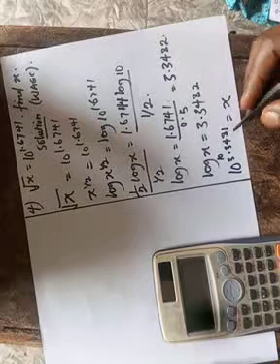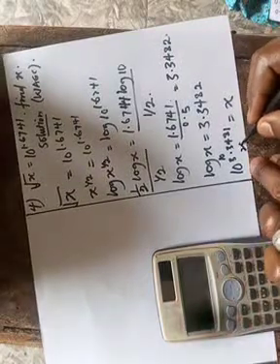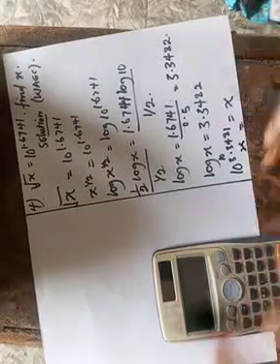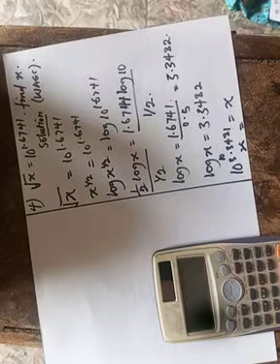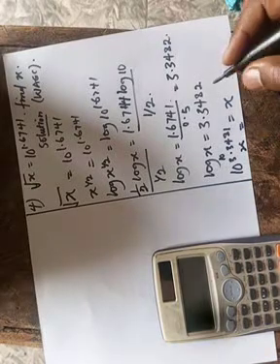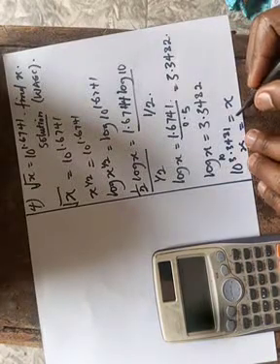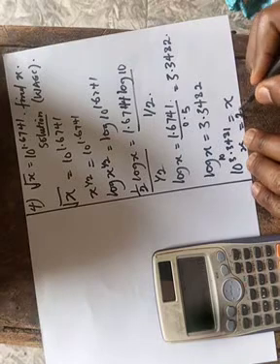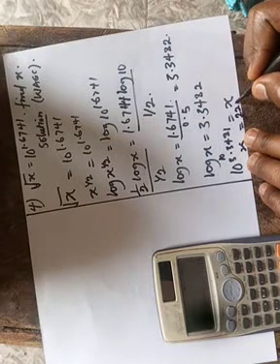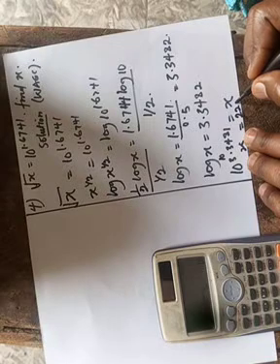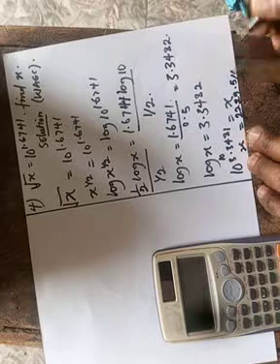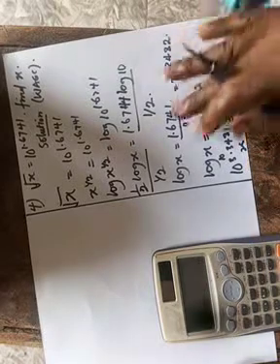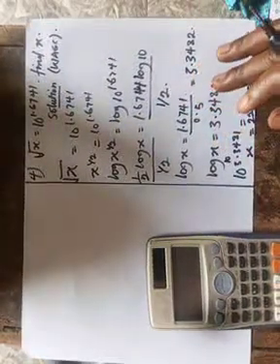So I will have my x equals, press this one in the calculator, 10 raised to power 3.3482, this will be equals to 2229.5. That's your answer. So bye bye, have a nice day.